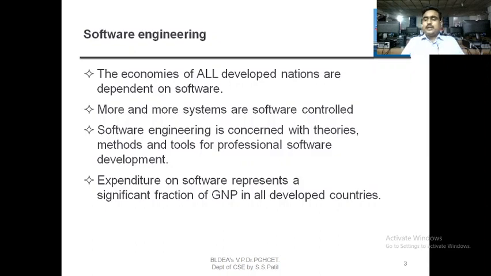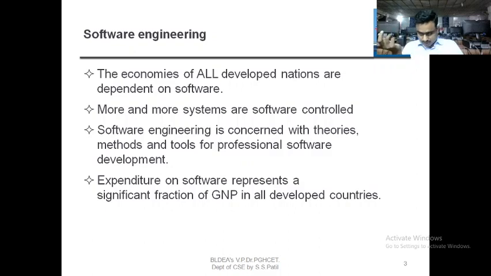Next, software does not burn out, so it should be carried on. Next, software should be custom built, because it should be built on our own. So these are some of the characteristics of software. The first is that it is developed, not manufactured. It does not burn out, and it is custom built. So this is all about the characteristics.